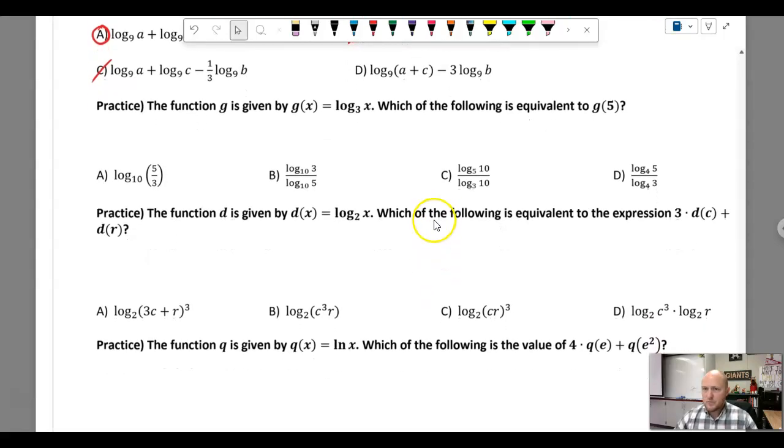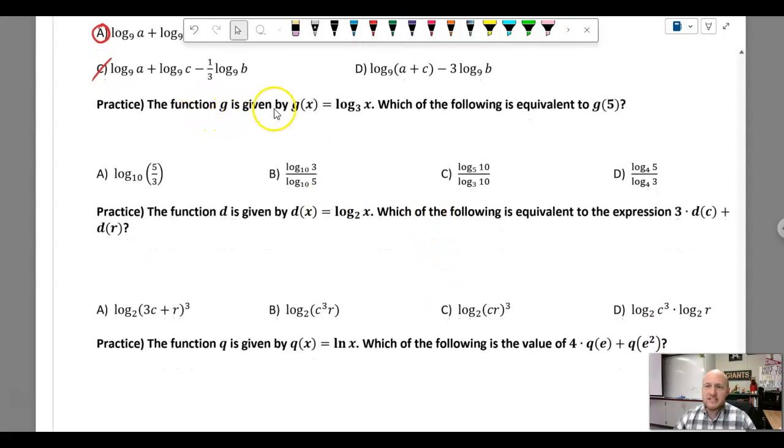Okay. The function g is given by g of x equals log base 3 of x. Which of the following is equivalent to g of 5? Don't overthink these. These usually are pretty straightforward and easy. For g of 5, I'm going to take g, which is log base 3, and all I'm going to do is plug in 5. So I'm hoping for that one. Nope, no luck.